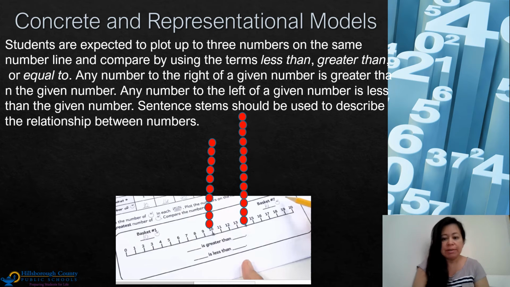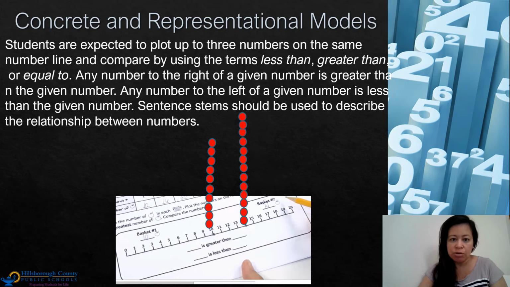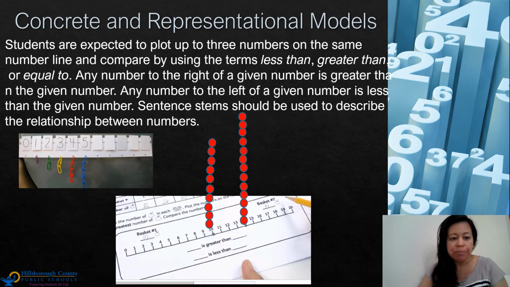This will help students actually see that when one number is taller than the other, we know that one is greater. And the number that is closest to 0 is the number that is always going to be less. And so that will help students start to have that understanding if we're connecting to the concrete representation.